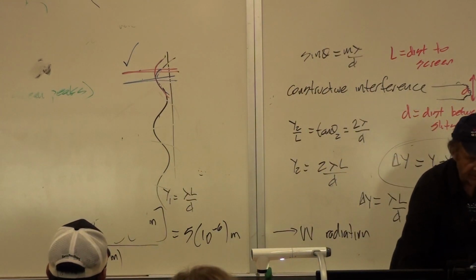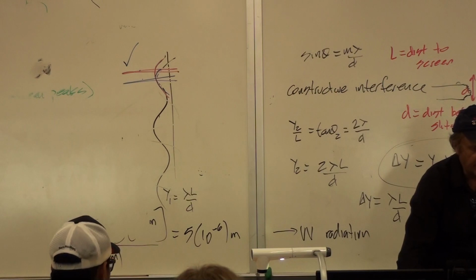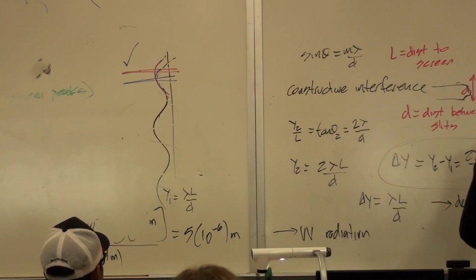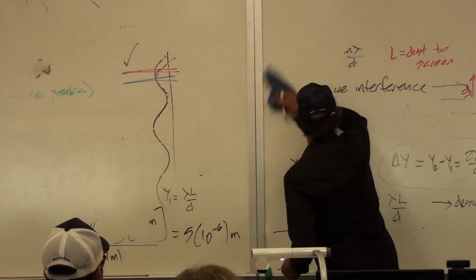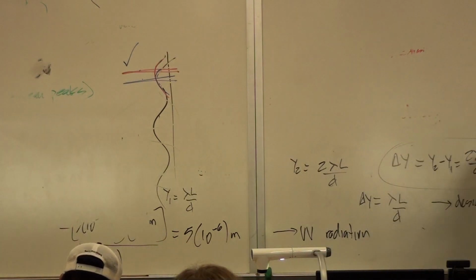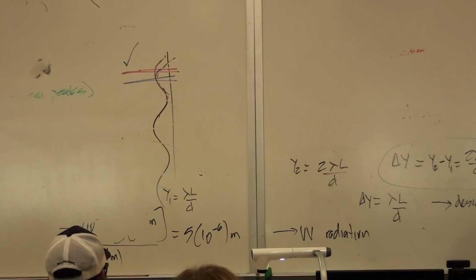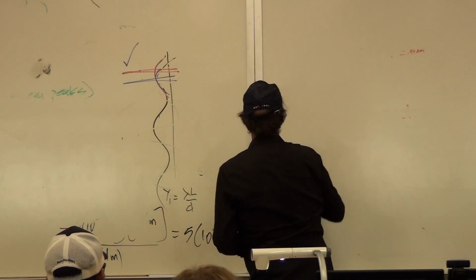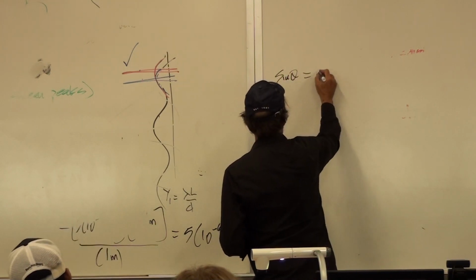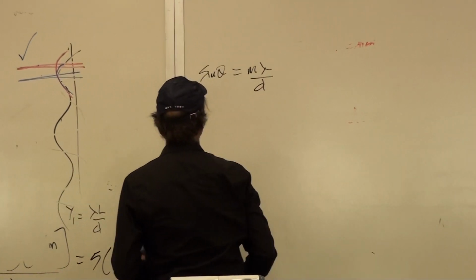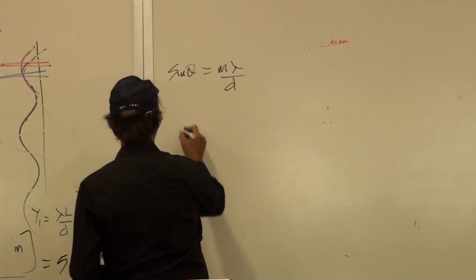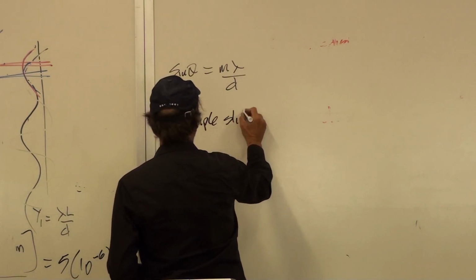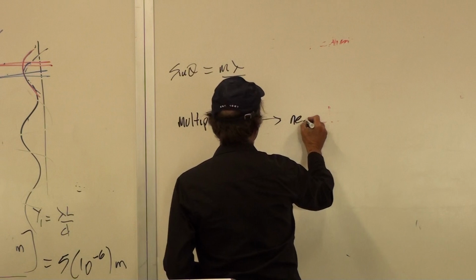So if we go to our multiple slit grating, it's going to look like this. It's going to have many slits, but it's still going to satisfy the same angular relationship. So we can still say here that sine theta is m lambda over d. So that's still true, but for multiple slit, you have to calculate d. So we need the slit density.